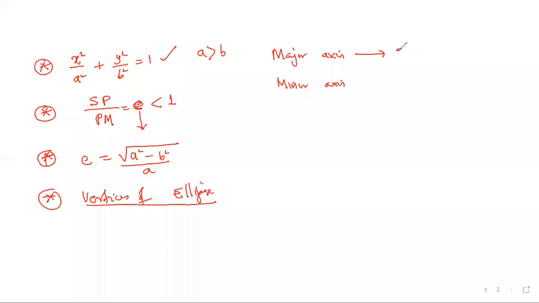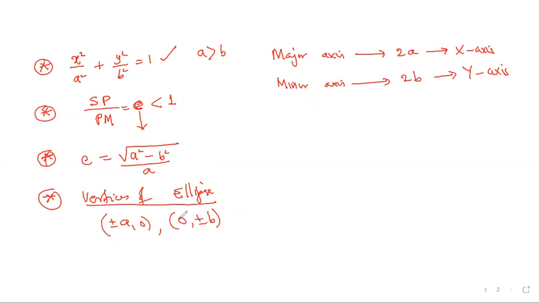The major axis has length 2A and is along the x-axis. The minor axis has length 2B and is along the y-axis. The vertices are plus or minus A comma 0 and 0 comma plus or minus B. So much is clear?